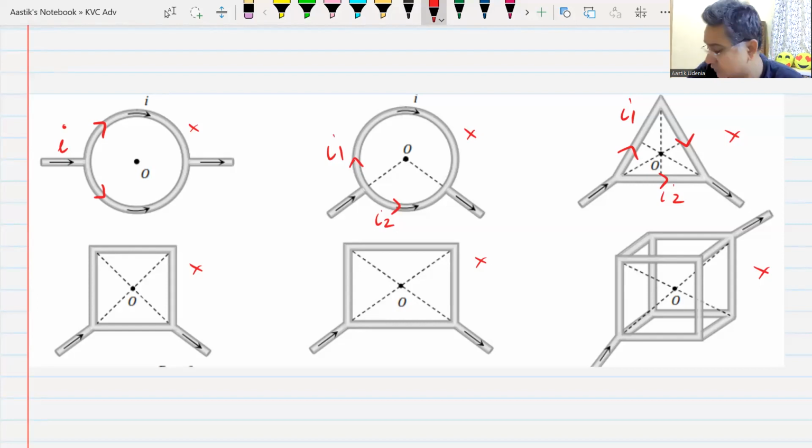Yes, sir. So what I will suggest you is you can try questions from that sheet and see how many questions you can do. I will also take some questions from that sheet. Do you know which sheet I'm talking about? Yes, sir. Which sheet? Sir, that current you have given.